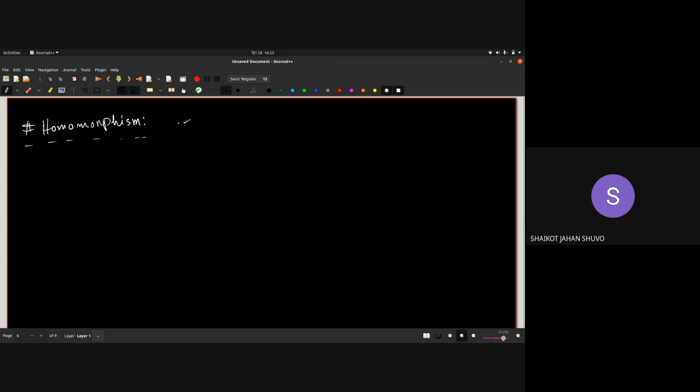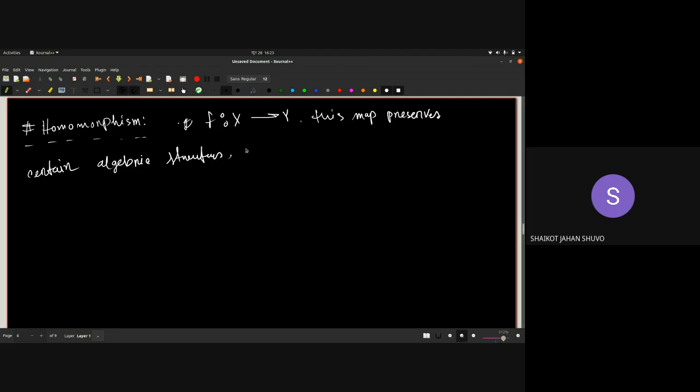So let's say there is some map, again x to y, and this map preserves certain algebraic structures, then it's called a homomorphism.